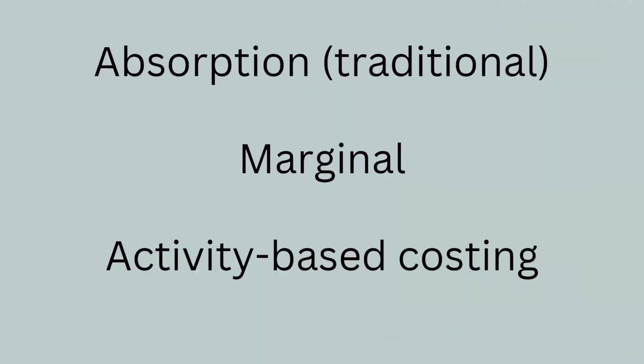So basically, we have three major ways of calculating the cost and including them into the price. The traditional way is known as absorption costing. Another common way is marginal costing, and the final way is activity based.